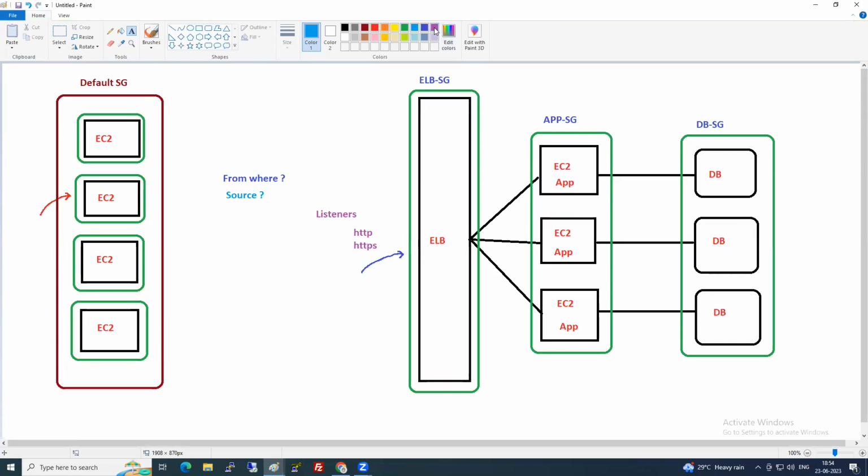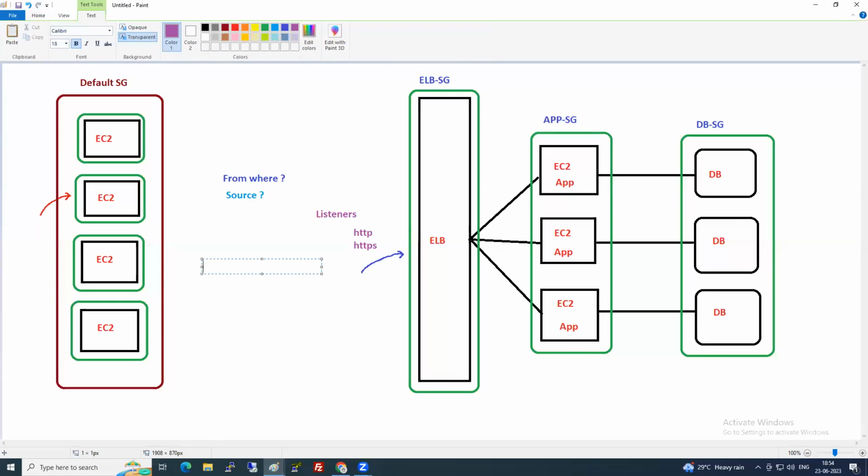We have three types of sources: Custom, Anywhere, and My IP. Certification question: Custom, Anywhere, My IP. If your load balancer should be accessed throughout the world on the internet, which source do you use?